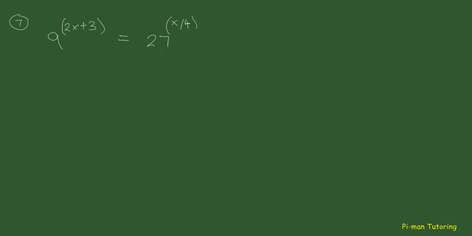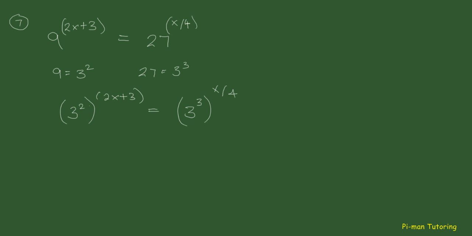We can't write 27 as a power of 9, but we can write both of these as powers of 3. 9 is 3 squared, 27 is 3 cubed. So let's do that first of all. So we've got 3 squared all to the power of 2x plus 3 is equal to 3 cubed to the power of x divided by 4.